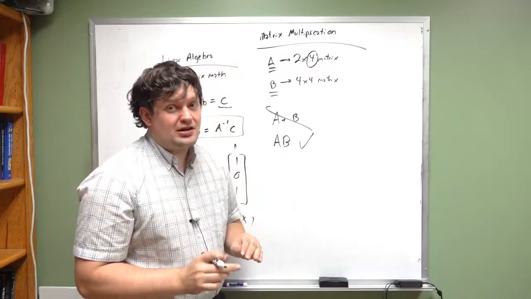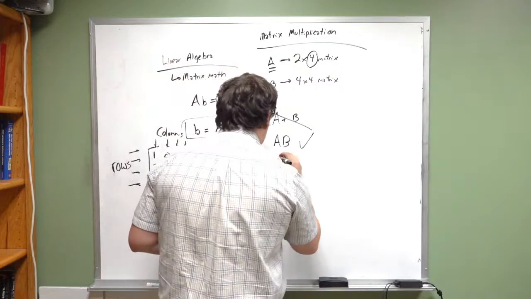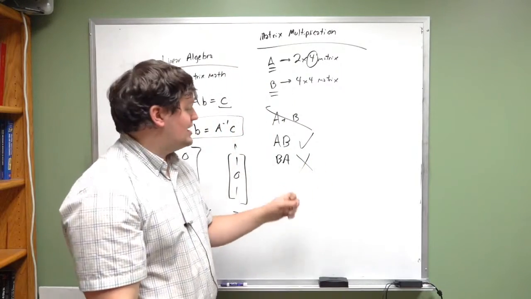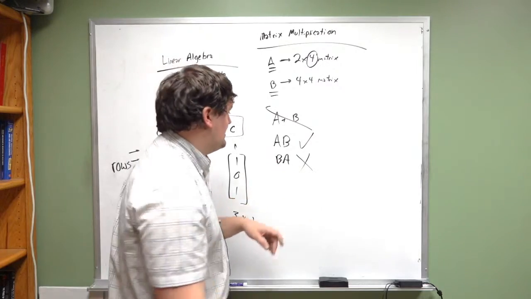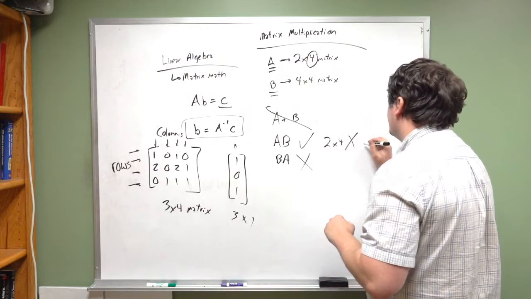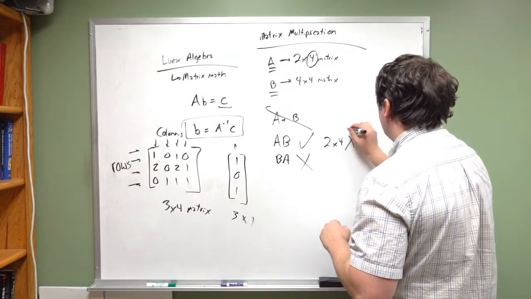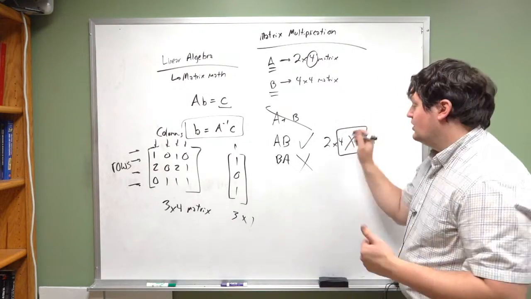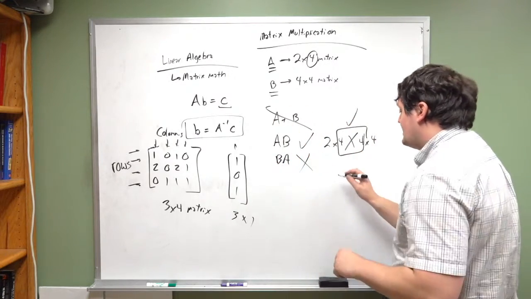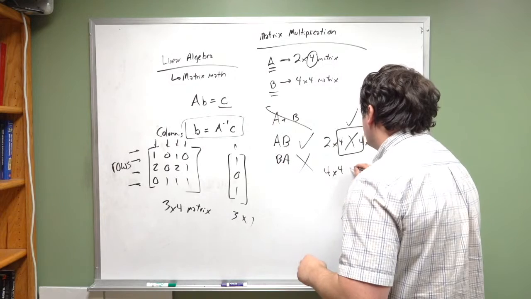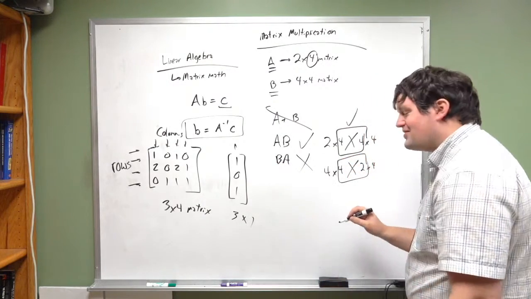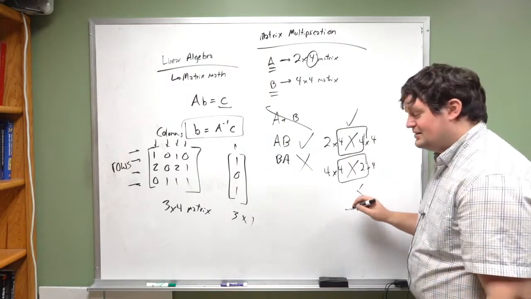Now, be careful with this, because you cannot multiply B by A. Here, A is a 2 by 4 matrix, and you're multiplying it by a 4 by 4 matrix. These two numbers are the same, you're good. If we switch that around to try to multiply B by A, this is a 4 by 4 matrix multiplied by a 2 by 4 matrix. These two numbers are not the same. That's not okay.